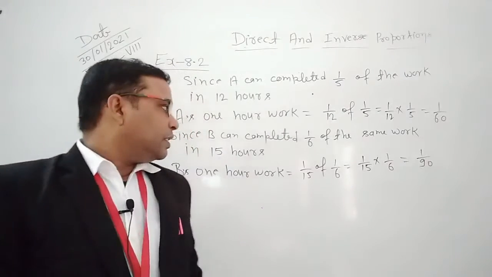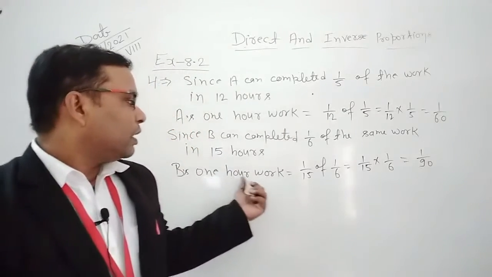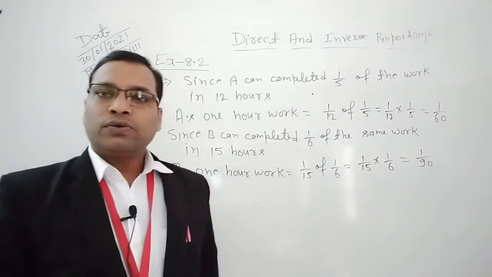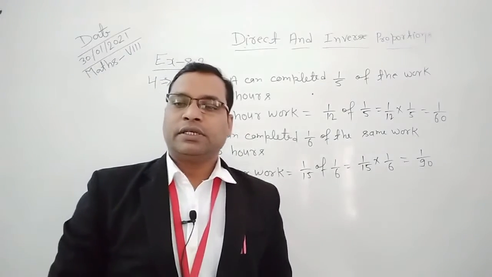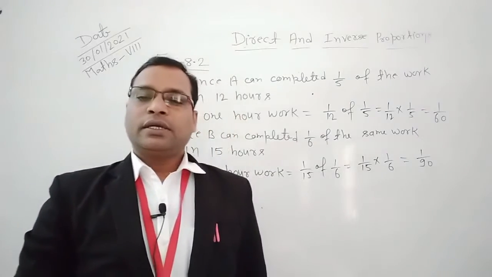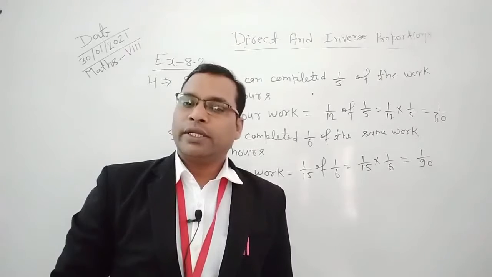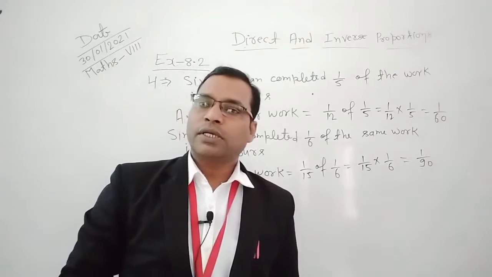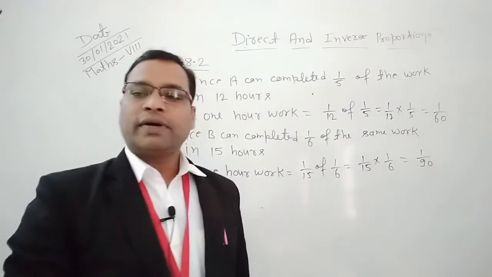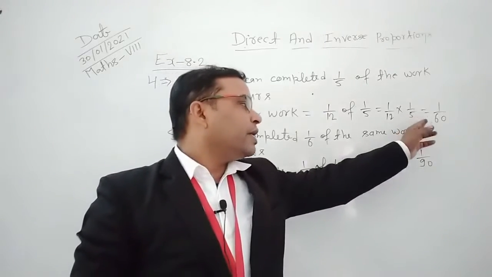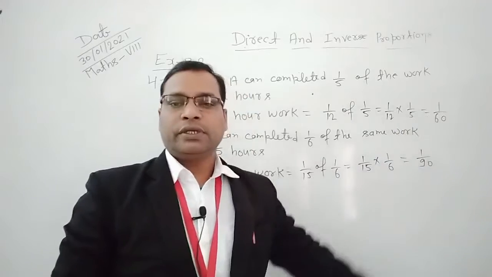Now you can see here B's 1 hour work is 1 by 90 and A's 1 hour work is equal to 1 by 60. So we need to find the 1 hour's work of A and B together. For this we add the 1 hour work of A and the 1 hour work of B. Okay.